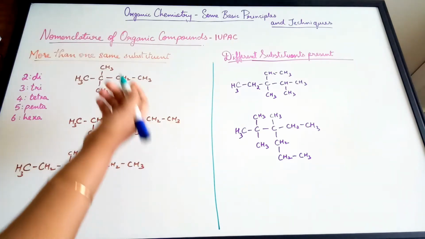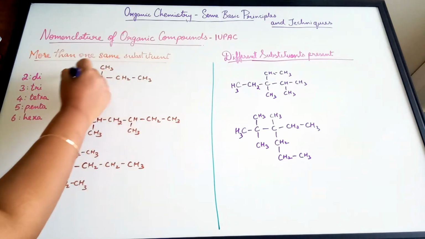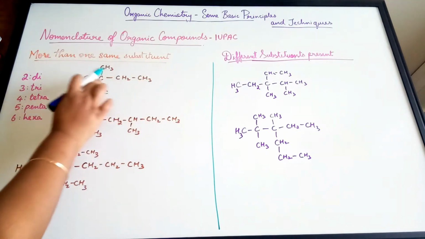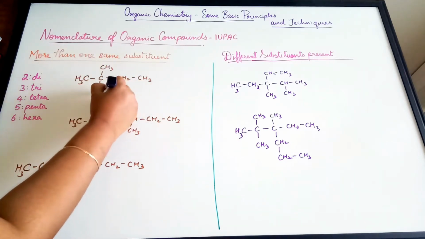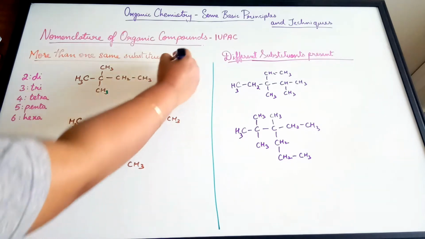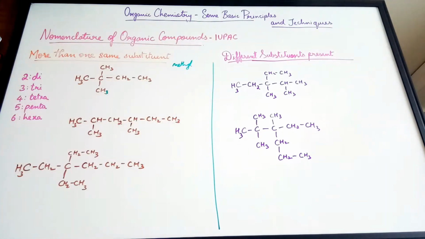Other way of notation. So first let's write down the numbering. This will be our main chain because it has 4 carbons and it has 2 substituents, and these CH3 and CH3 are called methyl groups. When we discussed the basic introduction of IUPAC nomenclature, we'd also studied these substituents.